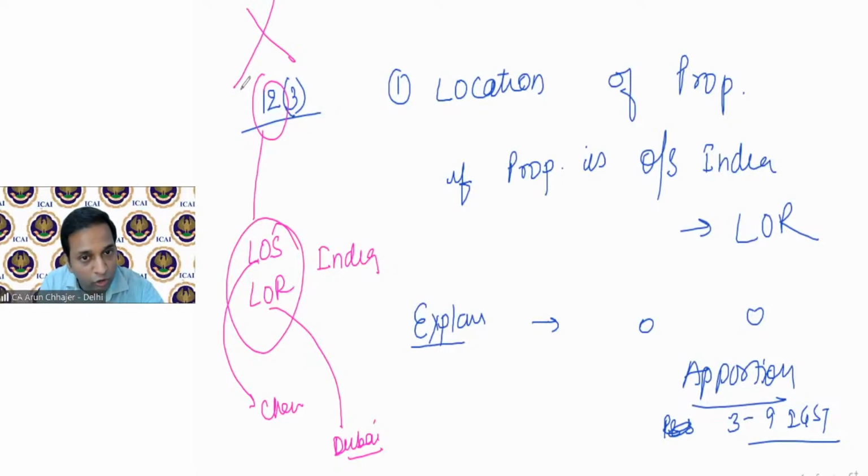As we all know, if one party is in India and one party is outside India, then the place of supply for the services is covered by section 13, not by section 12.